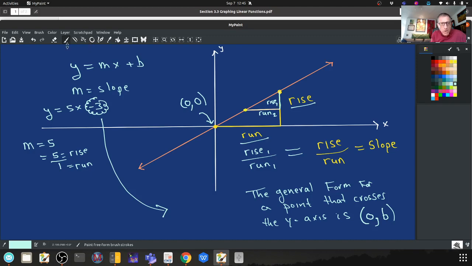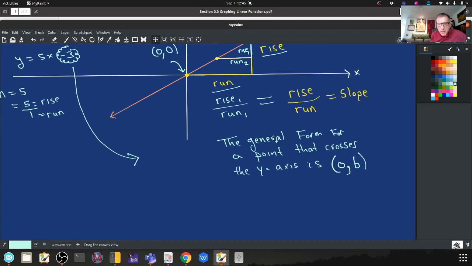So we know automatically the value of the x. But remember, every ordered pair is of the form x, y. So x is equal to 0 and y is equal to b, and that's it.